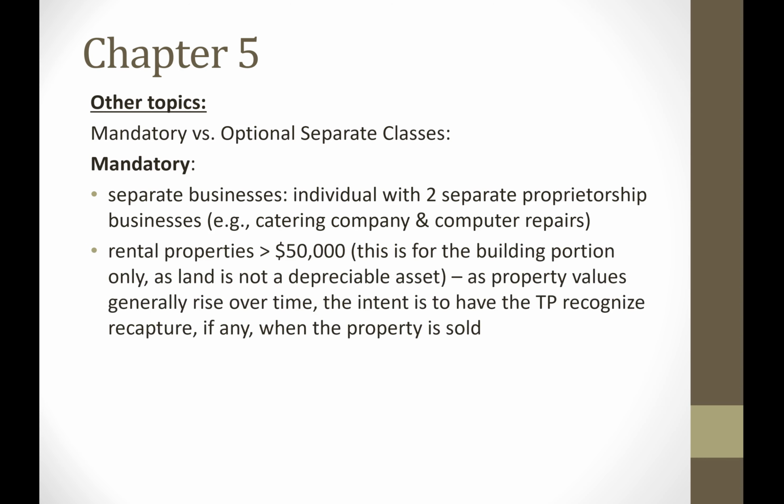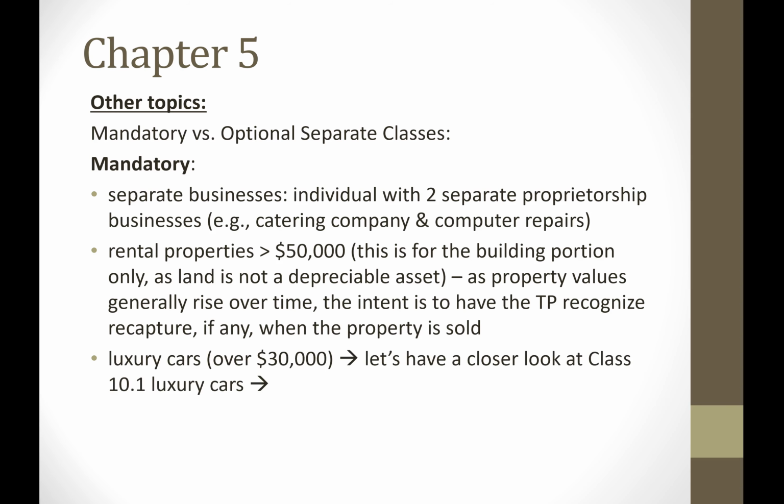If you have rental properties, if the building is over $50,000, then that building goes into a separate class for CCA purposes. If you have a luxury car, and the CCA rules refer to a luxury car over $30,000, then it goes into a separate Class 10.1. I want to just quickly look on the next slide at how Class 10.1 works.